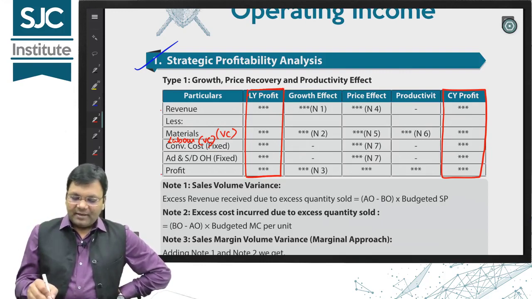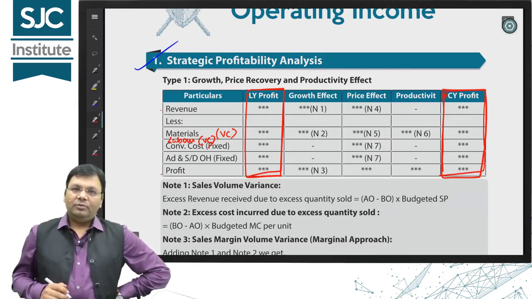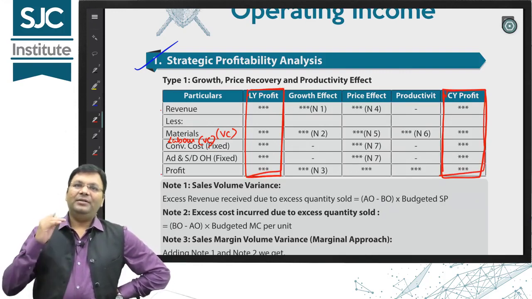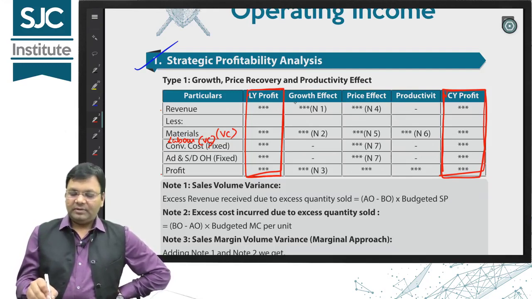After you have prepared the last year profit and current year profit, you need to prepare a new statement called the strategic profitability analysis statement, which will have three new columns in between last year profit and current year profit.